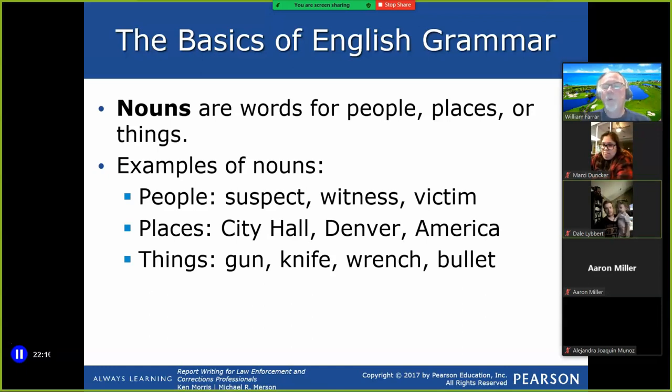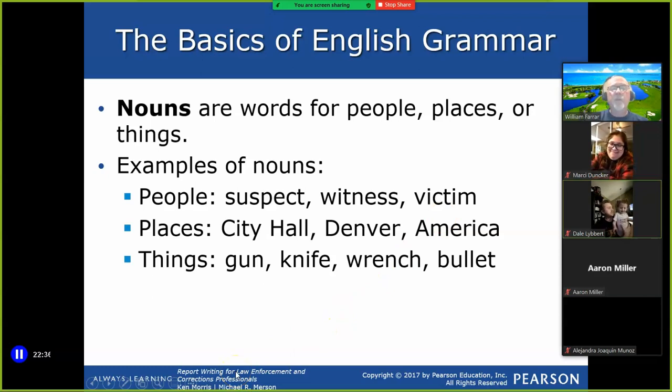And my question is, how come? Now, if it's Officer Farrar or Officer Dunker or Officer Liebert, then sure, that would be a capitalization. But if it's just police officer, we tend to capitalize it because we think it's important. But it's really not the name of anybody, just like suspect, witness, victim.